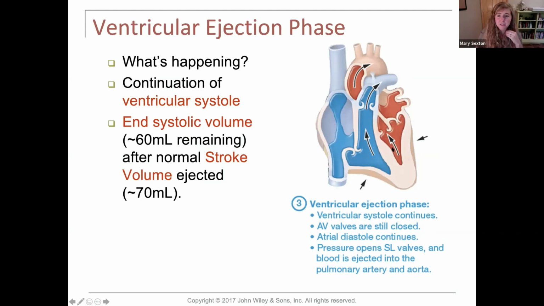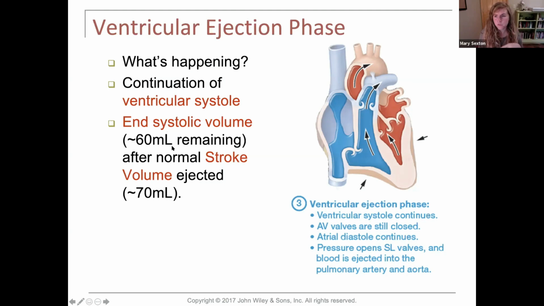Now at the end of ventricular ejection, your ventricles have what is known as end systolic volume. What did the term systole mean? Systole stood for contraction. At the end of ventricular contraction, your ventricles should be fairly empty. But notice what happens. A normal end systolic volume, which is the volume remaining in each ventricle after they contract, after systole, is 60 milliliters.